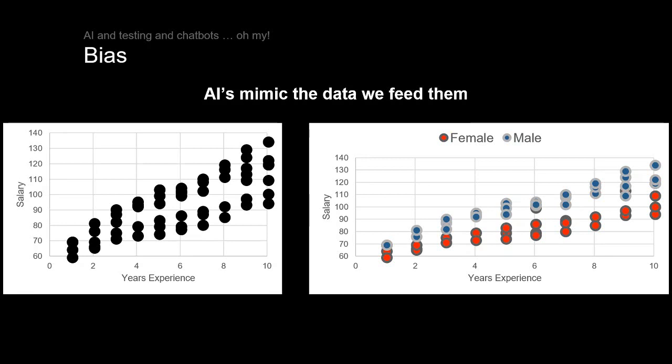When we gave the machine learning program this data, rather than seeing the gulf as something that needed to be addressed, it saw it as the norm, something that needed to be enforced. And so when we chose Barbara to have a pay review, she always got less than G.I. Joe.